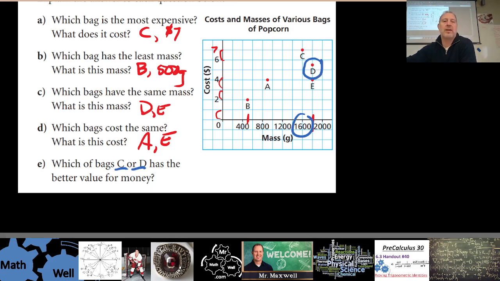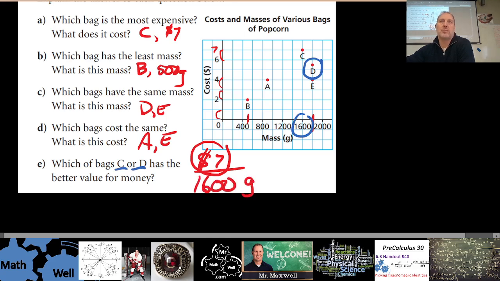So we could actually figure it out. Let's just be sure. 7 for 1,600. Okay, watch this. If you want to know the price per gram, make sure you divide the price per grams. If you want to know the cost per gram, make sure the money's on top.